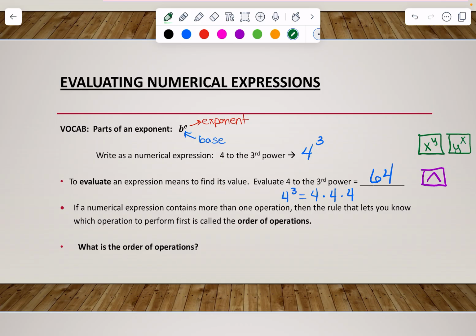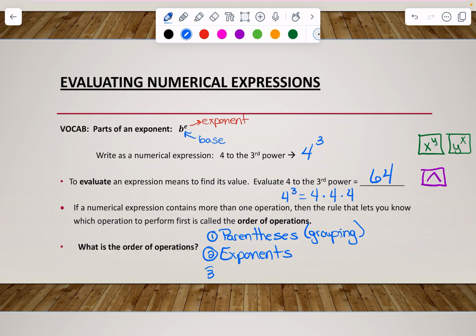So if a numerical expression contains more than one operation, then the rule that lets you know which operation to perform first is called the order of operations. So let's quickly review what the order of operations is. The first thing we do is the parentheses, or what we call the grouping symbols. The second thing we do is exponents if they're in there.